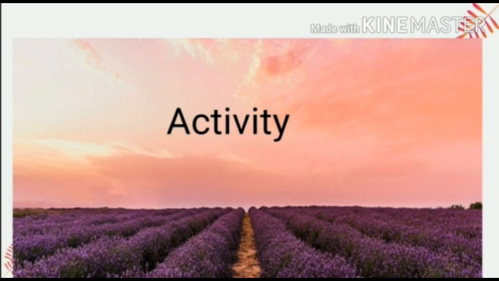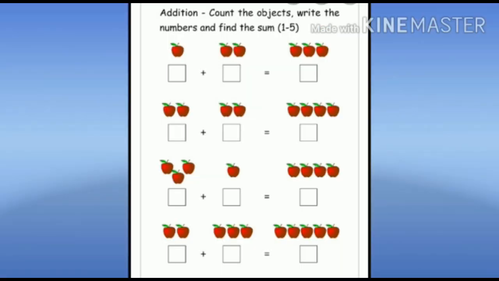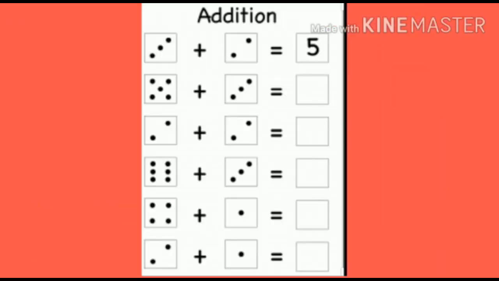Activity time. Count the objects, write the numbers and find the sum. Count and add the dice and write the numbers in the right side box.